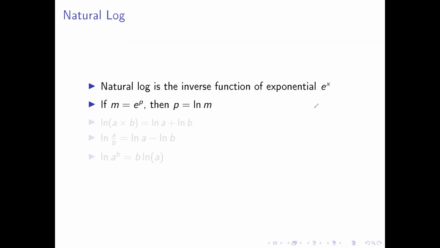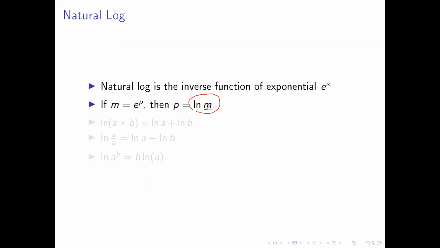Then we rearrange the function a little bit, turning it into a question. We say, well, if we want to raise base e to some power and make that equal to n, so the final product is n.